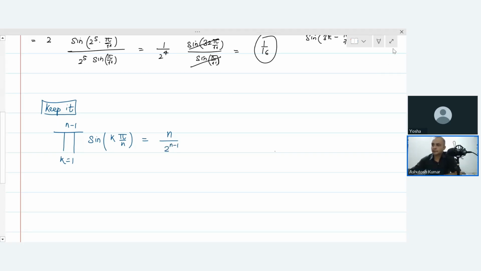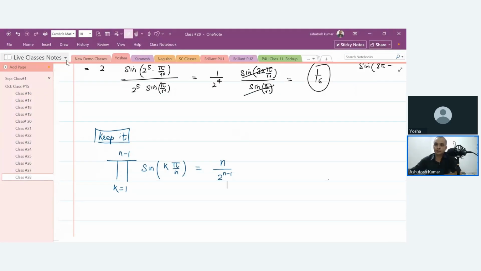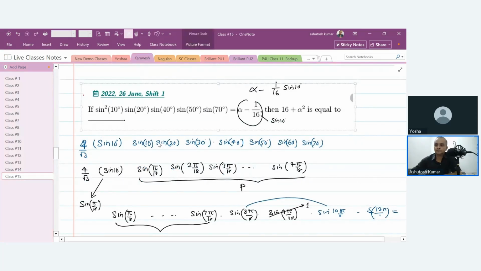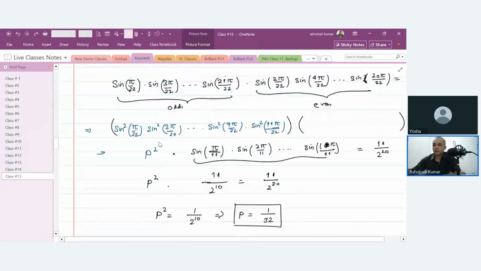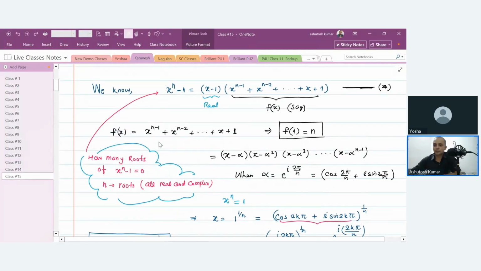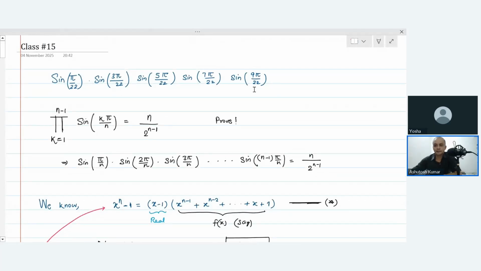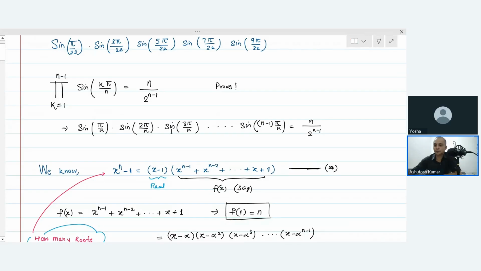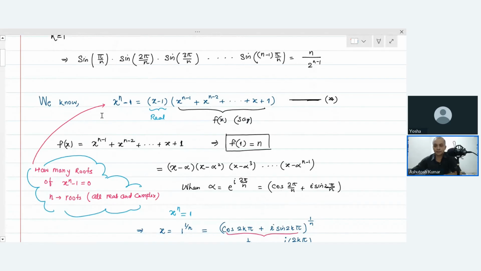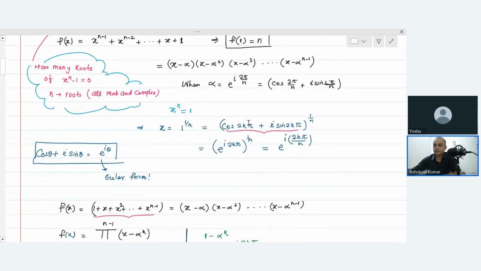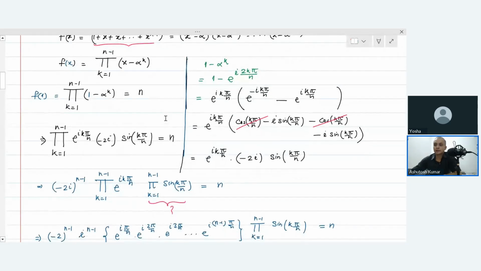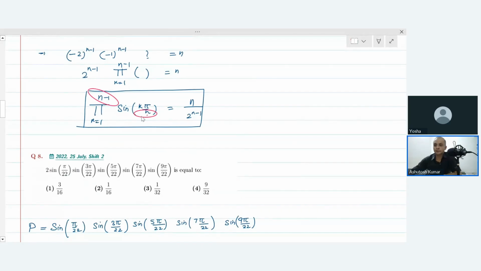So let me show you a little bit of the proof. This is the formula we have derived, and all of this we have done with complex numbers. I took this question again yesterday, and I had this formula, n by 2 to the power n minus 1, and then we prove it using complex numbers. First we take this binomial equation, then the complex numbers, and after a long calculation we prove that this formula holds.